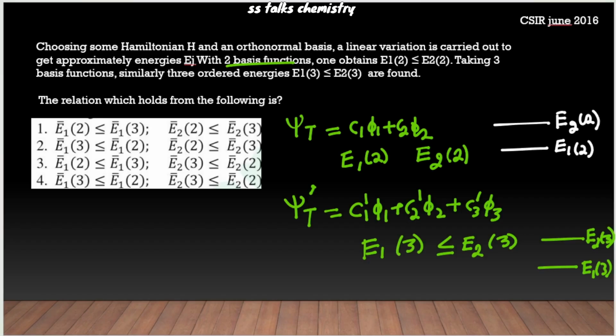What we know is that the higher the number of variational parameters we include, the closer the energy lies to the exact value.